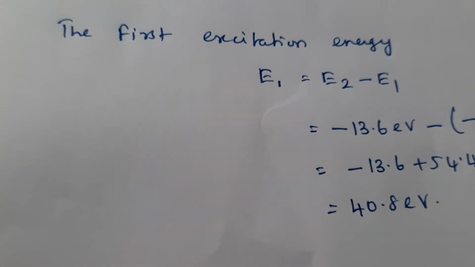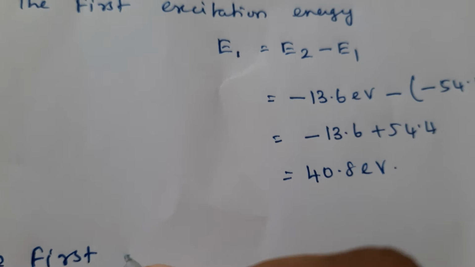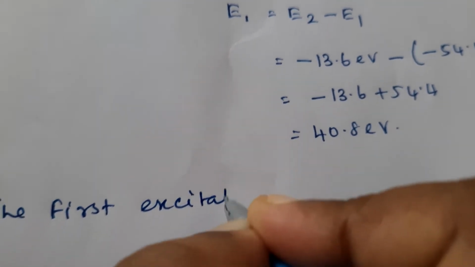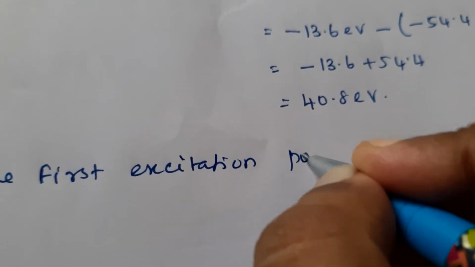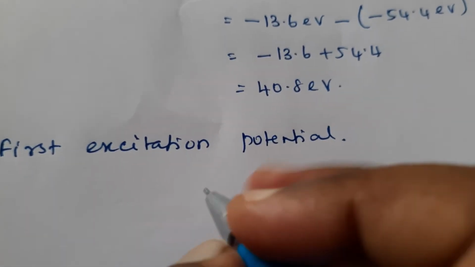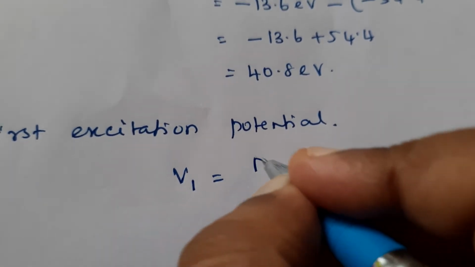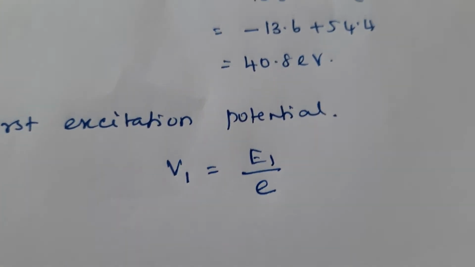Now you have to find the first excitation potential. What is the formula for the first excitation potential? Potential is denoted by V1. V1 is equal to E1 by small e.